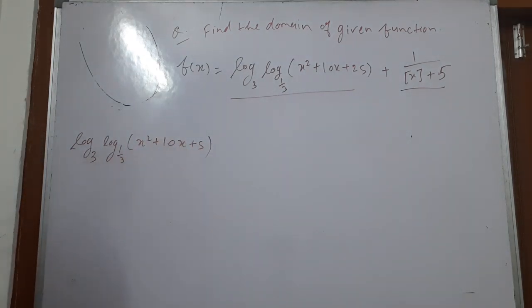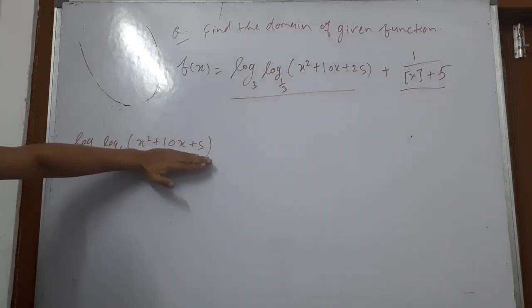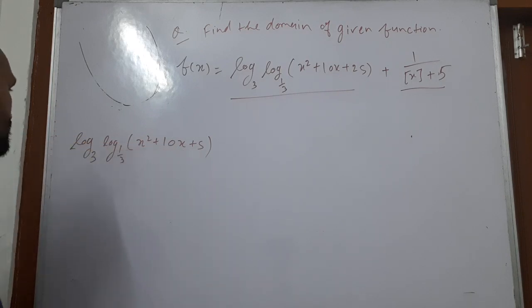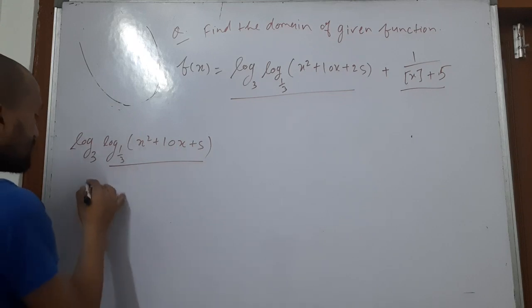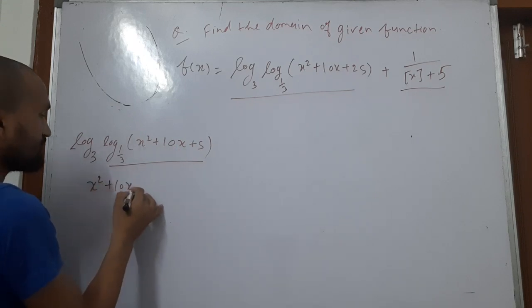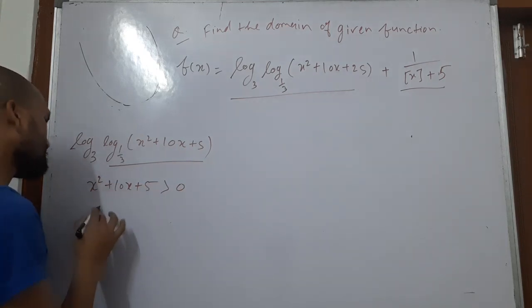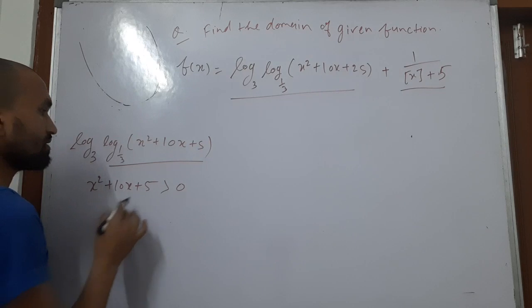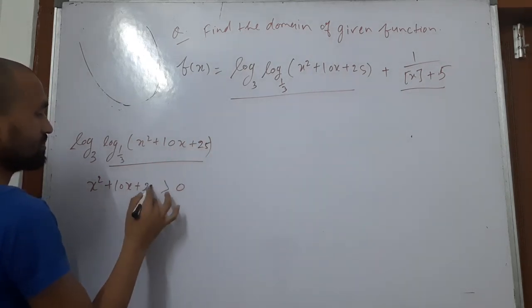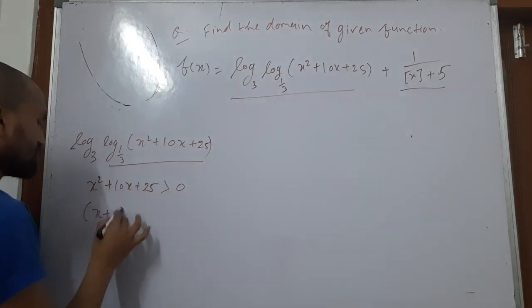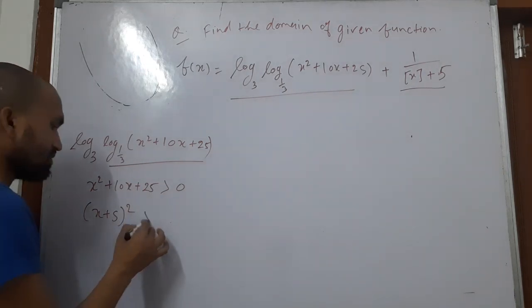This second log is defined when x square plus 10x plus 25 is greater than 0. So we can write it as x plus 5 the whole square, because after opening you will get this.